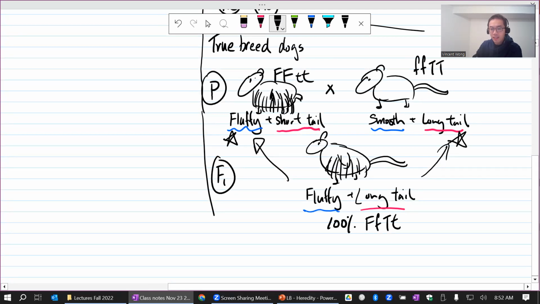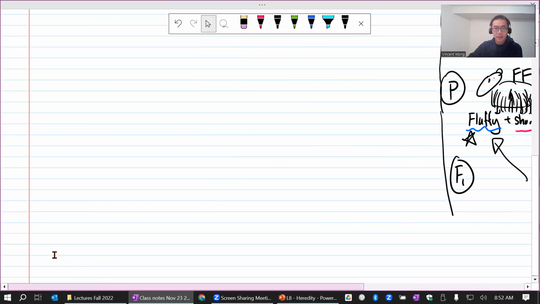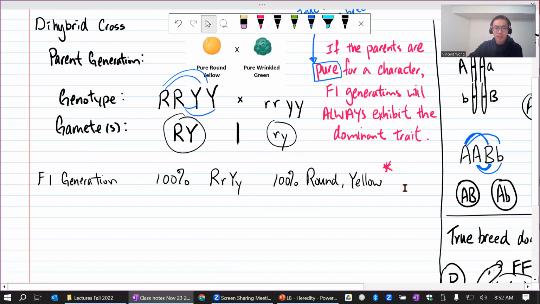So fluffy and long tail. Is that okay? All right, so keep this in mind. You're going to see questions like that later on. Okay, we're going to go back to our situation here.